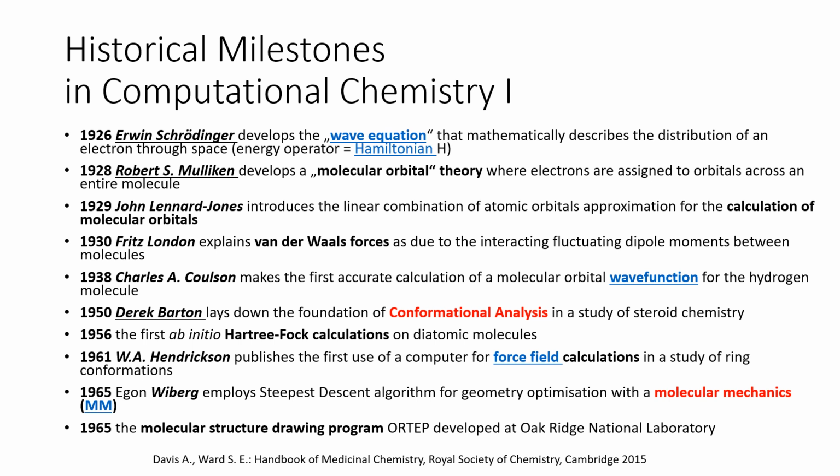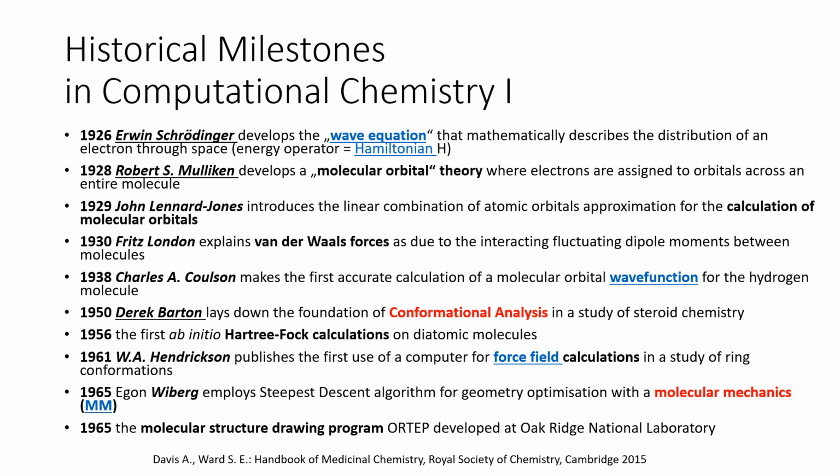Four years later, Egon Wiberg employed the steepest descent algorithm for geometry optimization. In the 60s, also the first drawing program for molecular structures was developed. It was called ORTEP, and it was introduced by Oak Ridge National Laboratory.